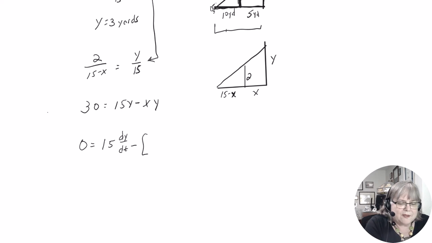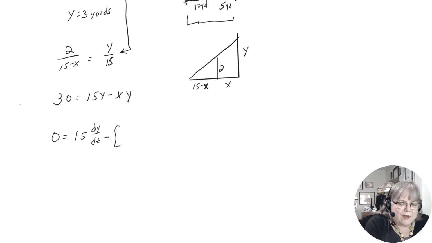This next part is the product rule. You would have the first times the derivative of the second, which is dy/dt, plus the second times the derivative of the first. The derivative of x with respect to t is not 1. The derivative of x with respect to x is 1, but this is dx/dt.